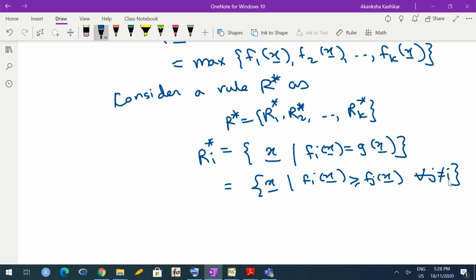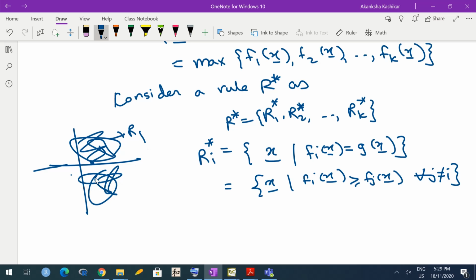Basically what I am doing is exactly the same thing which we did in the two population case. So suppose I have bivariate data, and in this region f1 is highest, then I will call this R1. In this region suppose f3 is highest, then I will call this region R3. In this remaining region suppose f2 is highest, then I will call it R2 star.